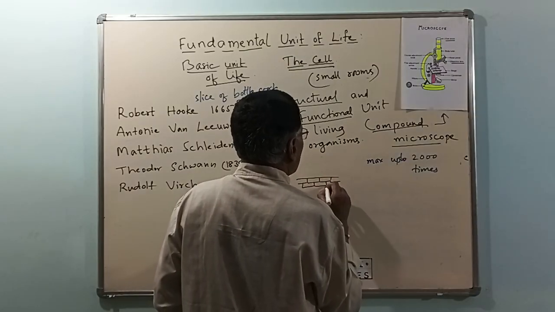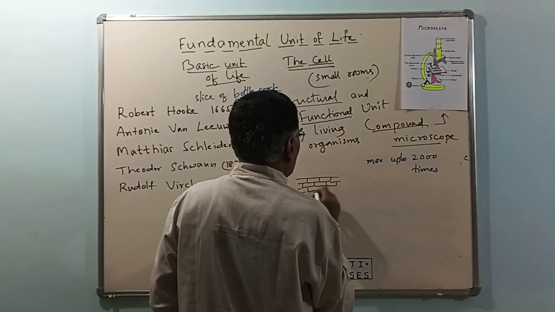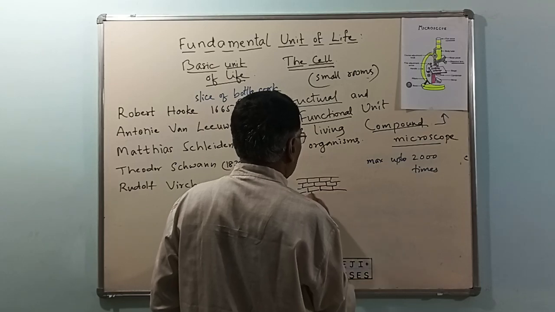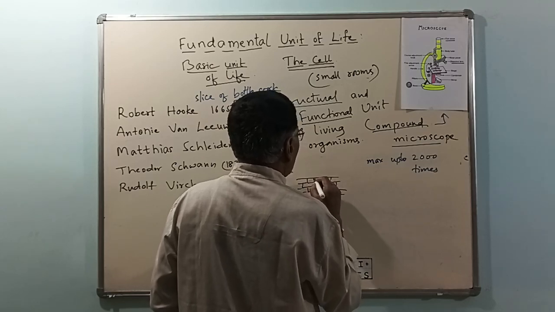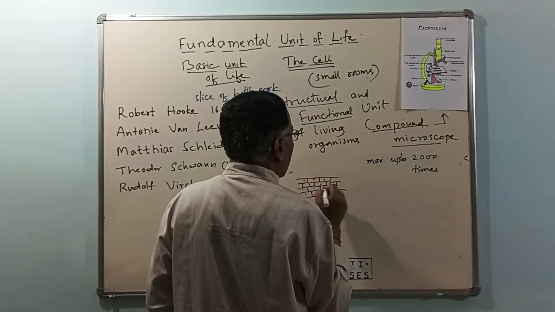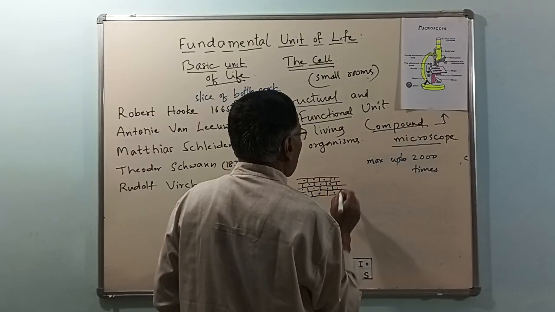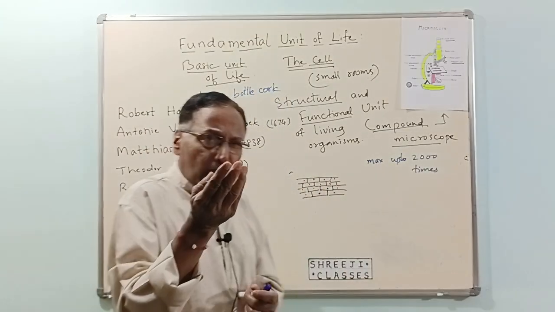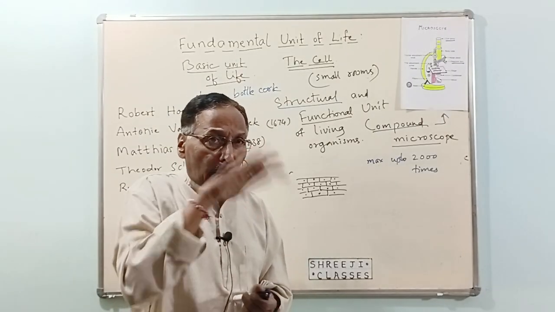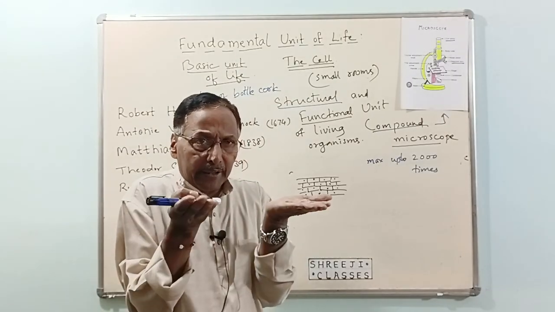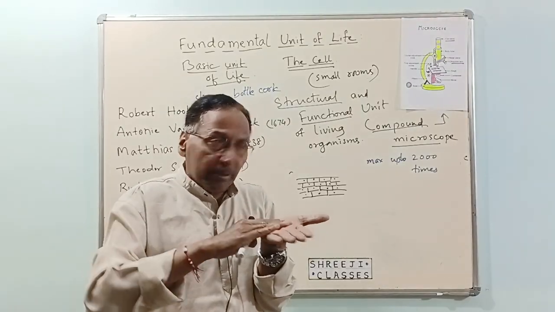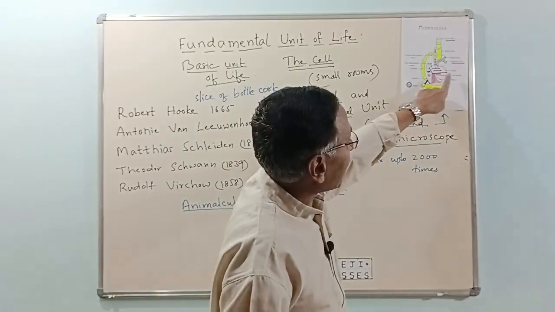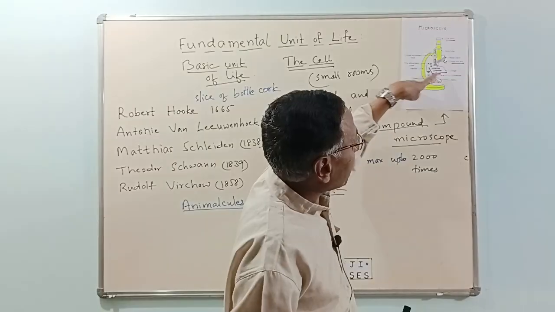These are the cells that we observe in an onion peel. Take a small thin section of the onion, put it on a slide, put a drop of water, cover it with a cover slip and keep it on the stage. This is called the stage or the platform.